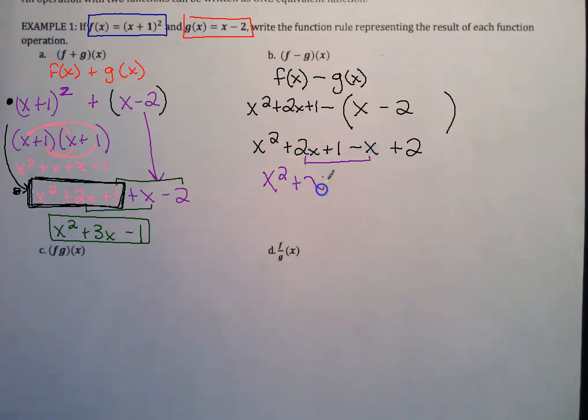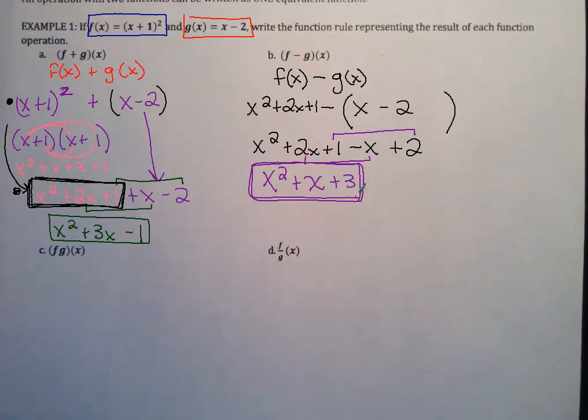That'd be x. And then we have 1 plus 2. And that is your function rule, x squared plus x plus 3, instead of having all these random parts.